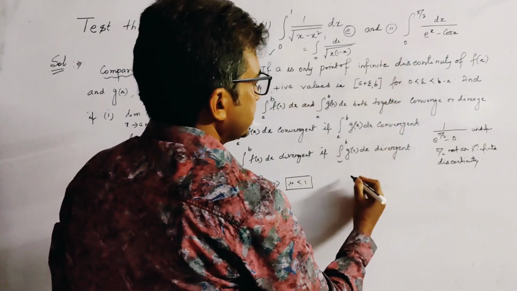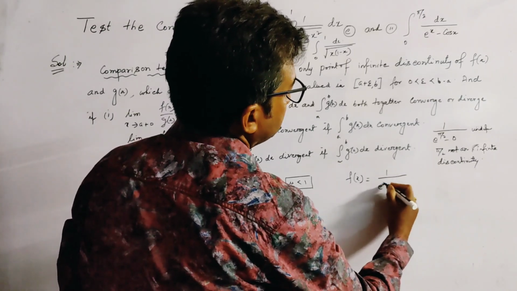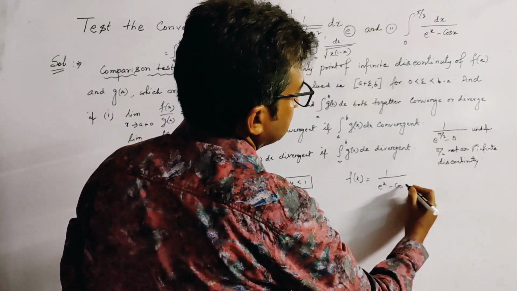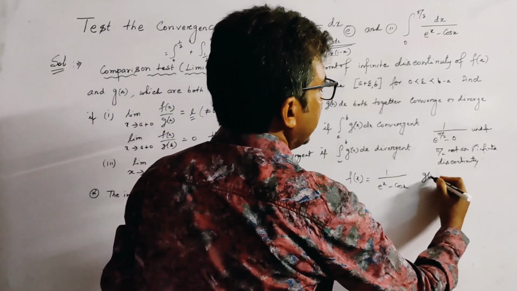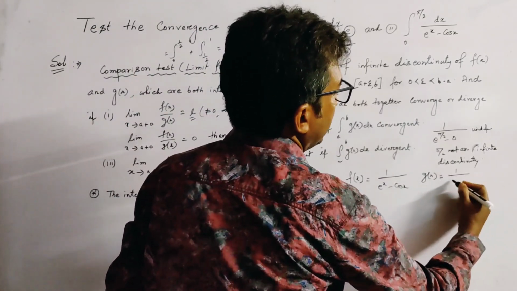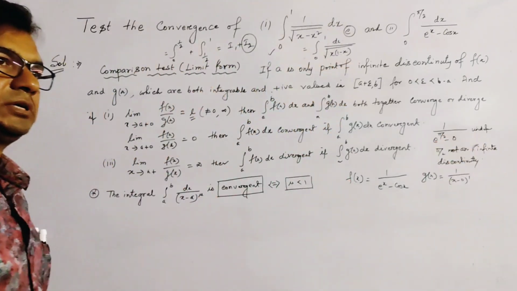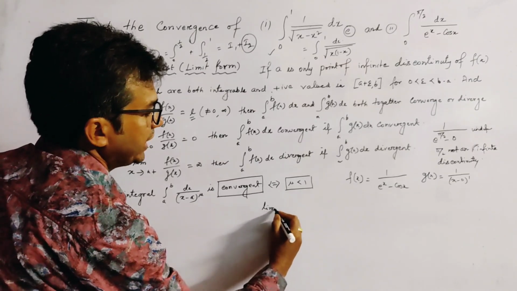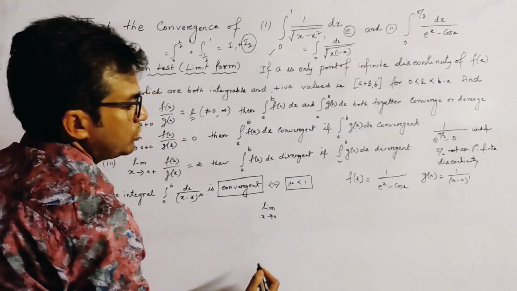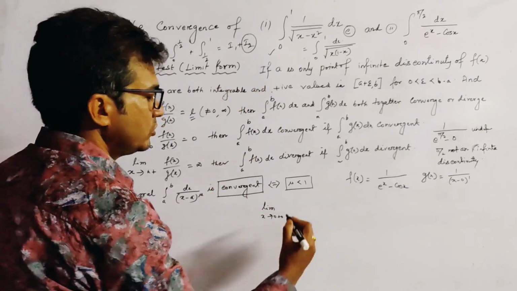For this integral f x is equal to 1 by e to the power x minus cos x, and we take g x equal to 1 by x minus 0 whole to the power 1.